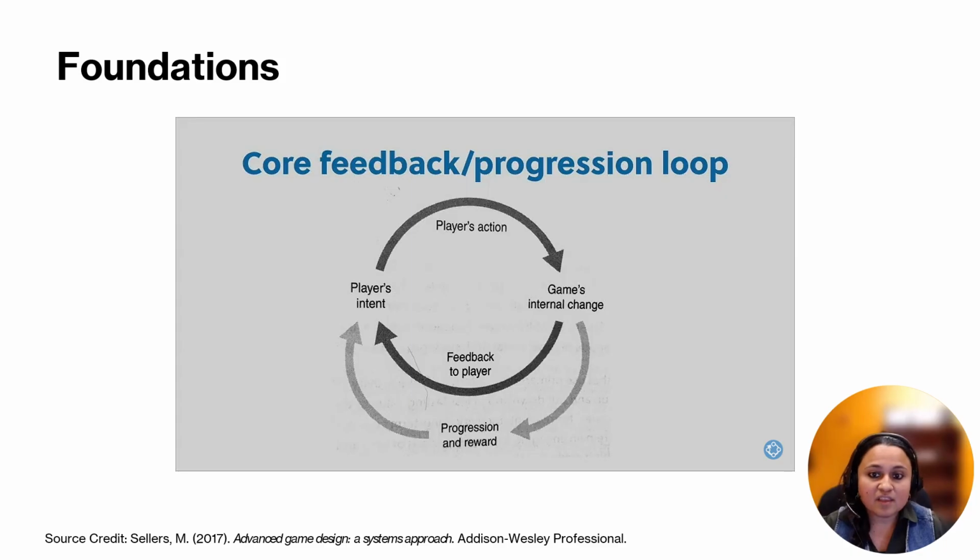So this is something that I wanted to take back into my classroom and conduct more as a systems activity, so students are able to break down the game system first, understand the player's intent and also the game's internal change, the internal subsystems at play, and then form their user studies.